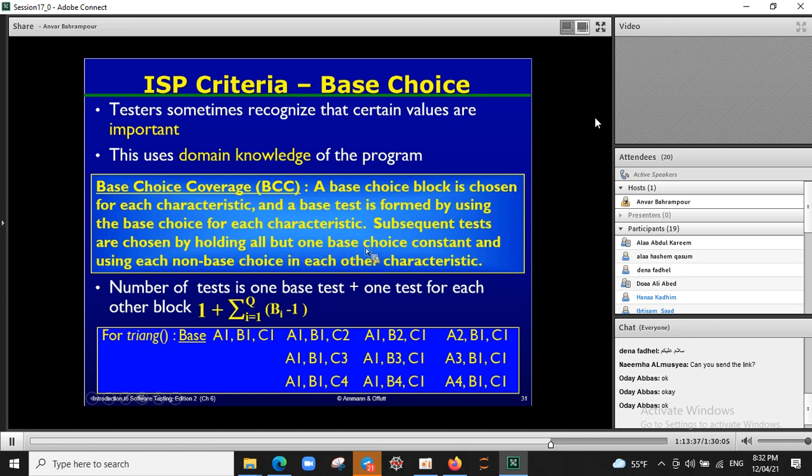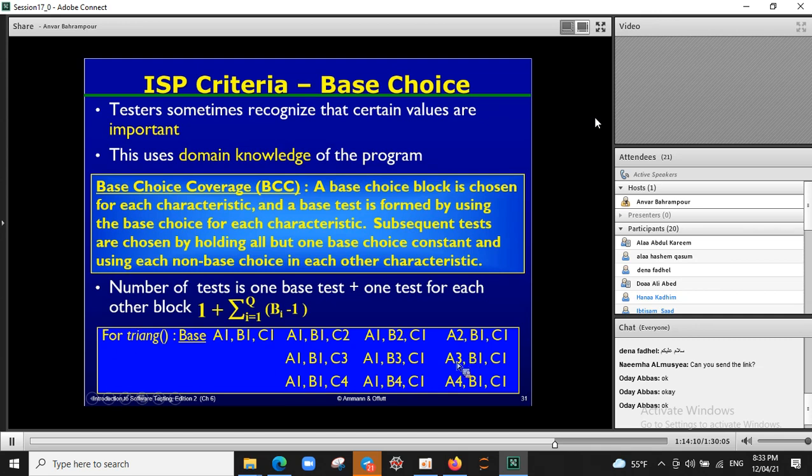Subsequent tests are chosen by holding all but one base choice constant. In all of these tests, all but one choice is constant. For example, in these tests, A1 and B1 are the same as our base.